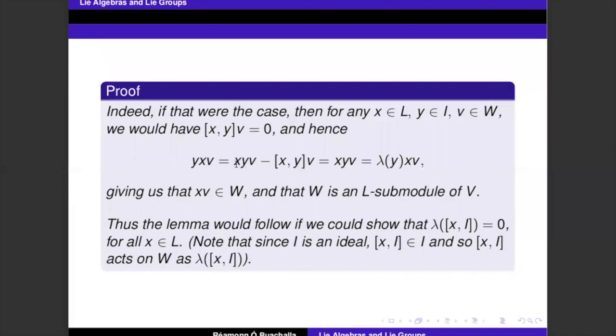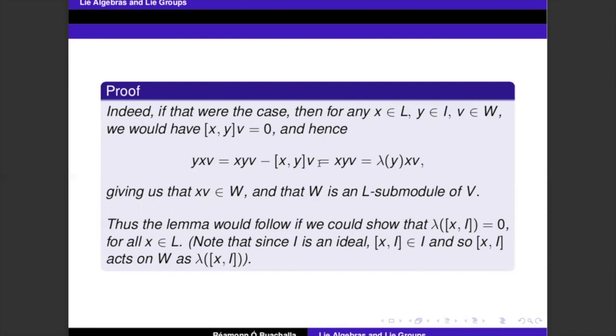Okay, so let's write it as xv minus the commutator bracket. So remember, we've taken a representation. The representation goes into the general linear group of V. And it's a Lie algebra homomorphism, which means that it brings the Lie bracket of L to the commutator bracket inside the general linear group of V. And we know what that is.